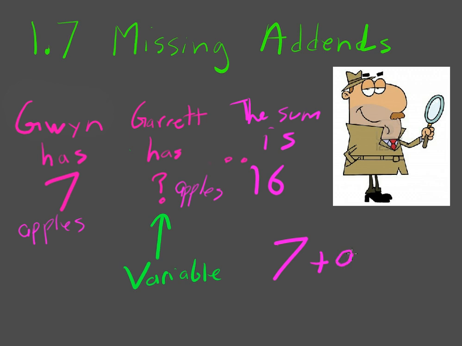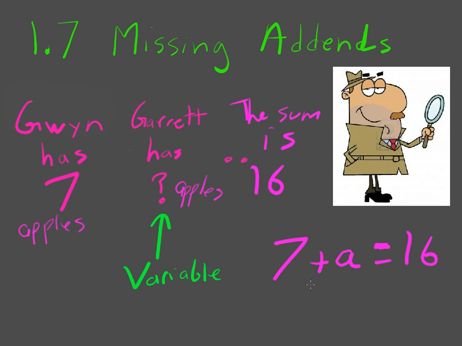We'll use the letter A for that. So 7 plus A. And the sum of both of their apples together, so Gwen's apples plus Garrett's apples, is 16. So we need to find out, how do we find out 7 plus A, Garrett's apples that we don't know, equals 16? The way we can do this is as follows.